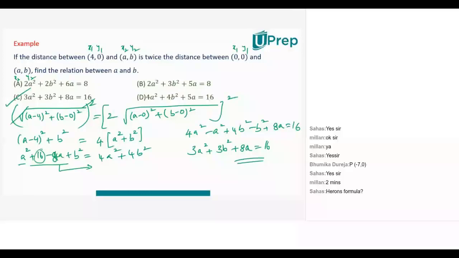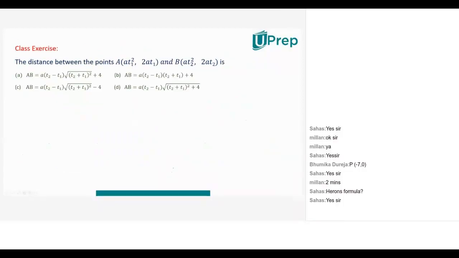Now for the rest the square root goes. So it is A square plus B square. Only a few terms to expand. So this is A square plus 16 minus 8A plus B square equal to 4 times A square plus B square. Sorry, this is 8A.